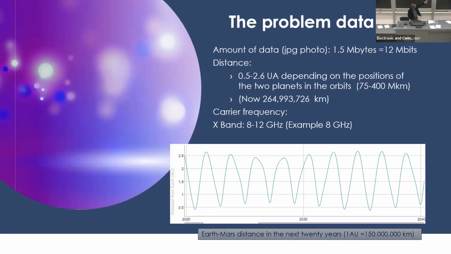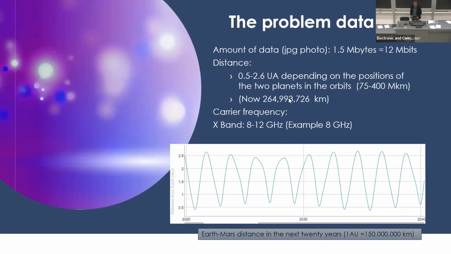Here you see in this graph, that looks like a sinusoid, the distance from Earth to Mars, which ranges from 0.5 to 2.6 astronomical units. That corresponds to a distance between 75 and 400 million kilometers. Right now, I checked it last week, the distance from Earth to Mars is 264 million kilometers.